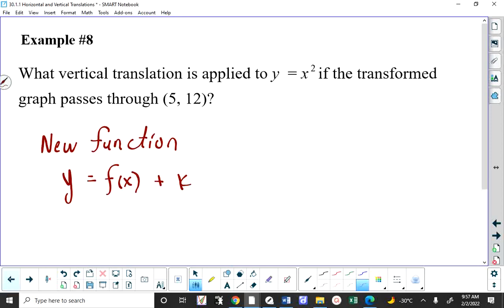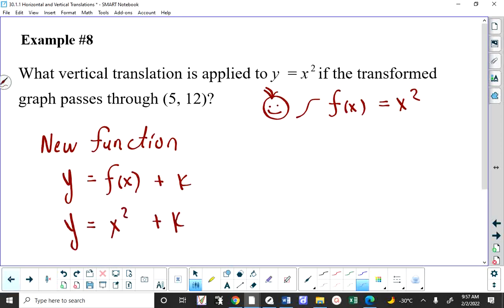Now we're going to do the same thing that I kind of talked about in the previous example. We need to think of this as f of x equals x squared instead of y equals x squared. And that means the new function is y equals x squared plus k.